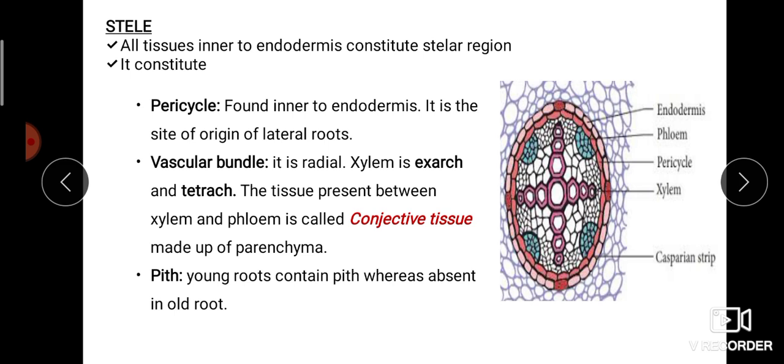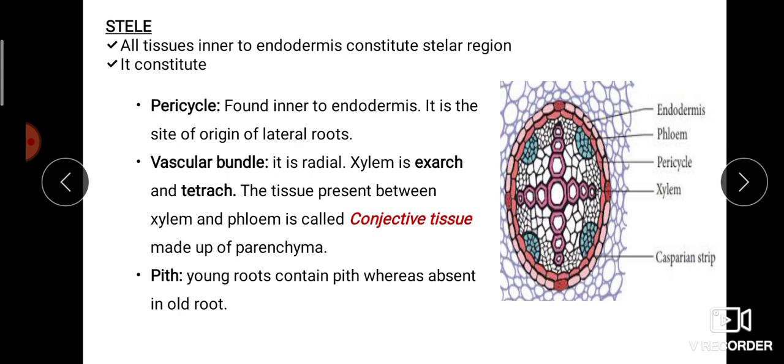Then finally pith, which is present here. Pith means the central region; inside the stellar region we can find some pith. Normally young roots contain pith, but when the root becomes older the pith will be absent. Okay, so this is about the internal structure of dicot root.